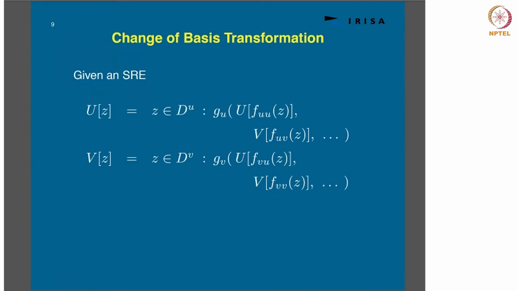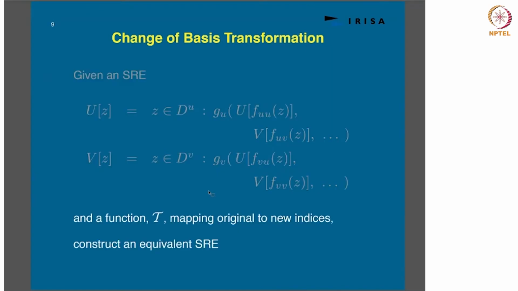And similarly, I have a variable v which depends on u and v. So I have self-dependencies of u on itself. I have a cross-dependence of u on v. And for the equation of v, I have a self-dependence of v on itself and a dependence of v on u. And each of these is a different function. F_uu is one function, F_uv is another function, etc. Okay.